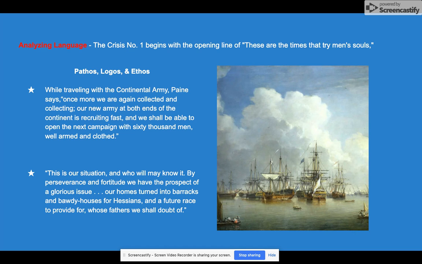Hessians would be German soldiers, and so it's talking about how their homes have been turned into a war zone. There's barracks, there's bawdy houses, there's German soldiers, and so it's another connection to the difficult situation of living during a time of war, but that the cause is worth it.